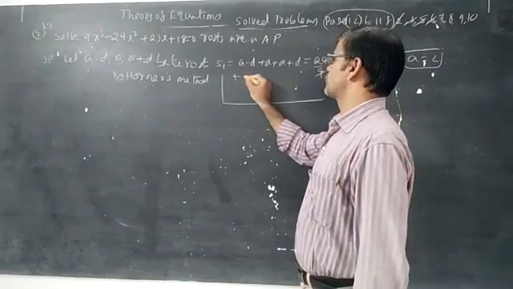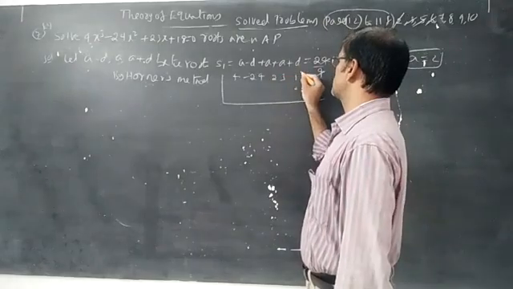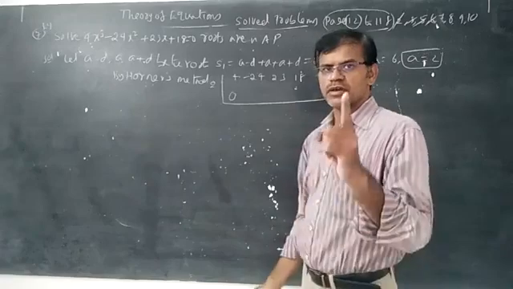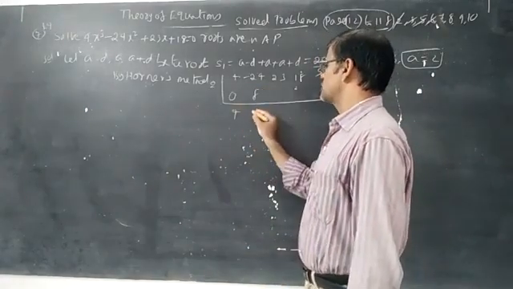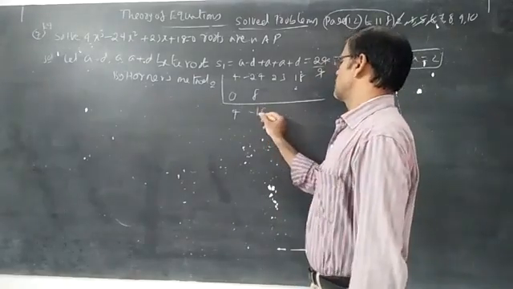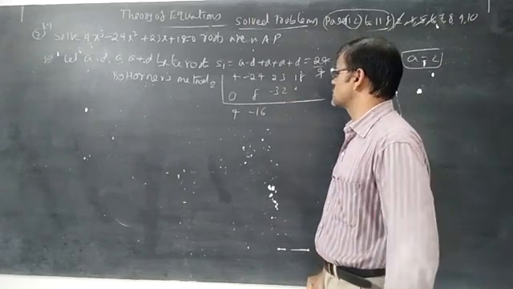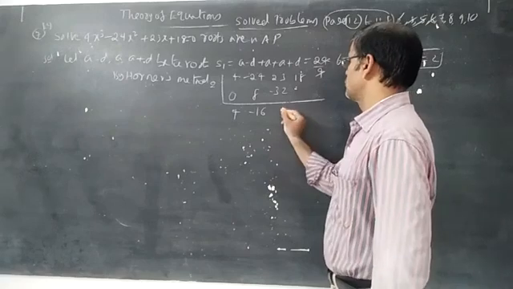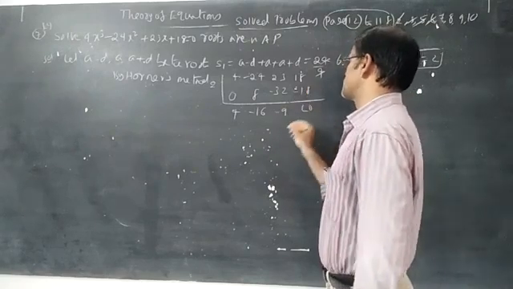Put like this: 4, minus 24, 23 and 18. Here 2 is a root. Put here 0 and divide. Here 4, 4 2s are 8. Minus 24 plus 8 becomes minus 16. Minus 16 into 2 is minus 32, 23 minus 32 gives minus 9, that too minus 9 into 2 is minus 18, this is 0.